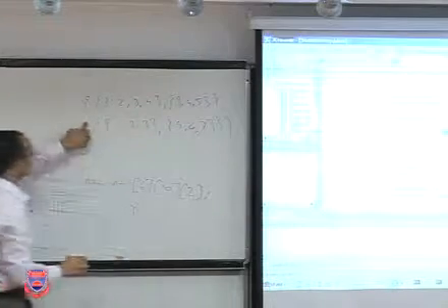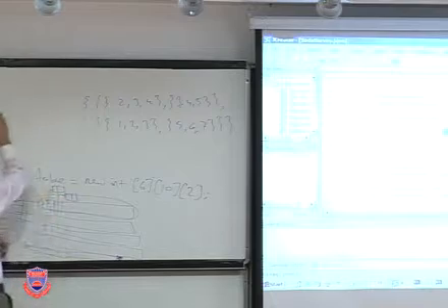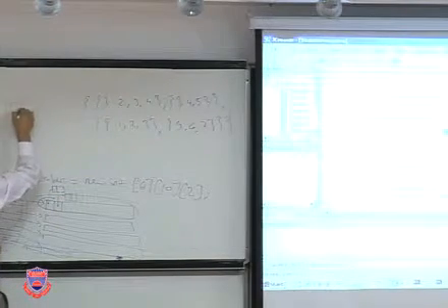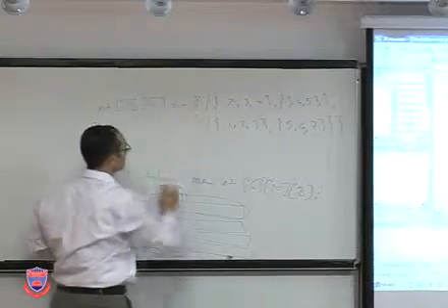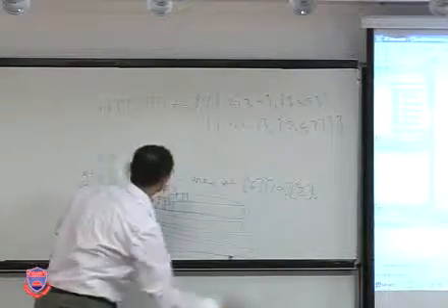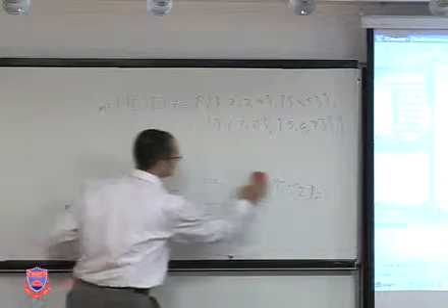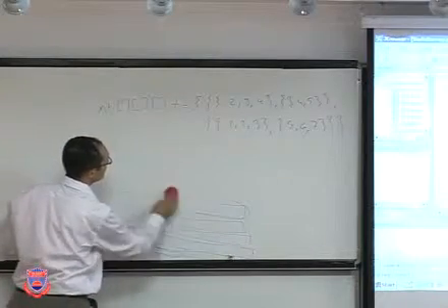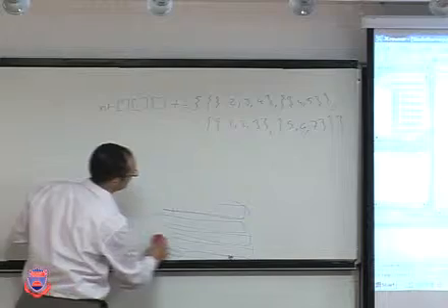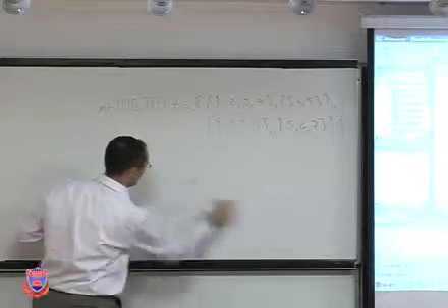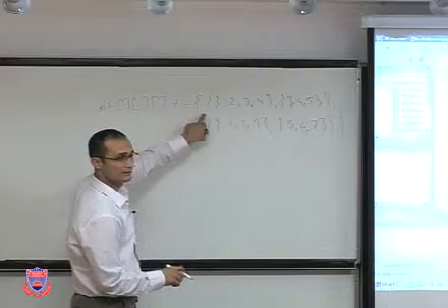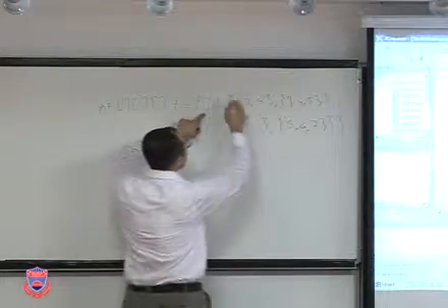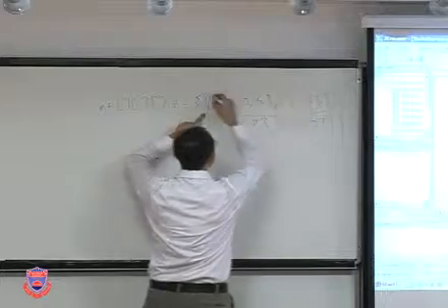So how will this initialization look? Int, and then let's say t. How will this look? Basically I will have 2 sets of these, right?